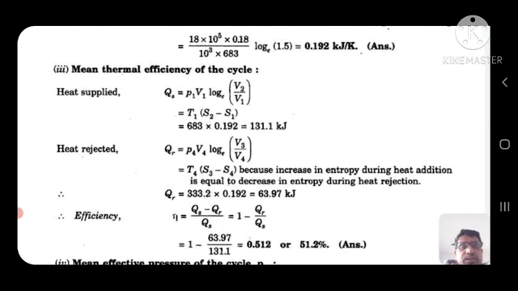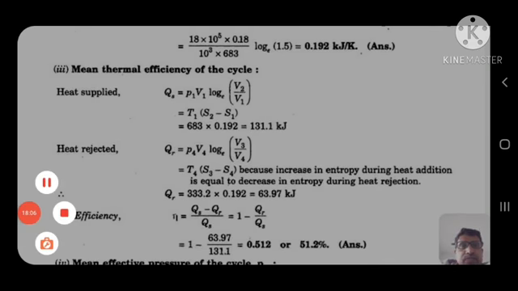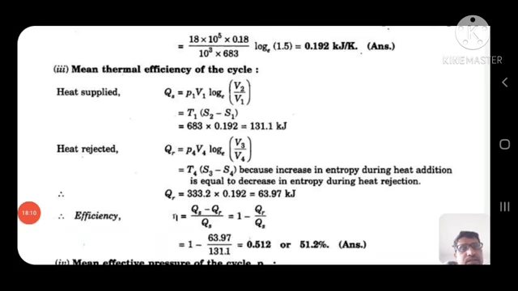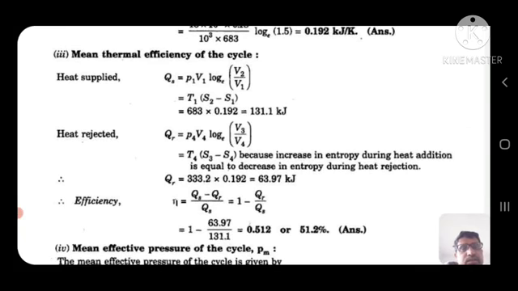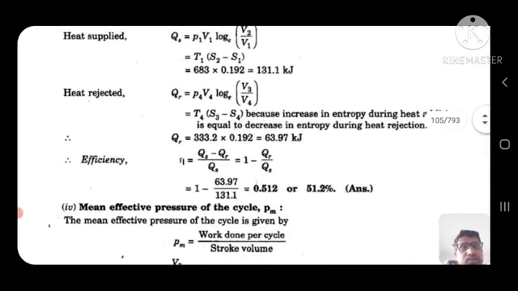Mean thermal efficiency of the cycle. Heat supplied Qs is equal to P1 V1 log e V2 by V1, that is T1 into S2 minus S1, 683 into 0.192, so 131.1 kilojoule.